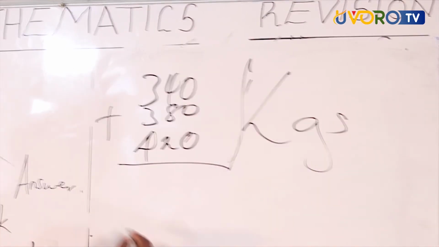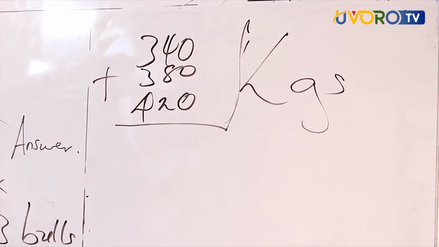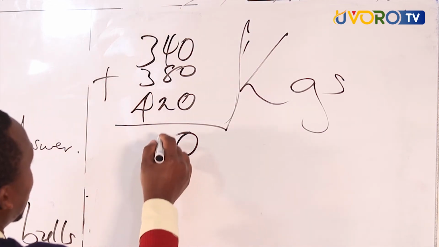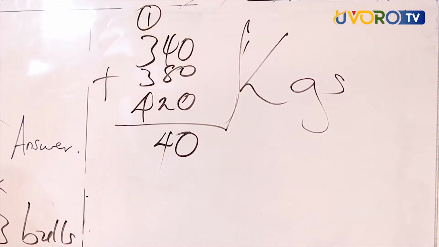Now let's see. All of them have how many kilograms? 0 plus 0 plus 0 is 0. 8 plus 4 is 12. Plus 2. Very good. 12 plus 2 is 14. 4, we carry 1. 3 plus 3 is 6.